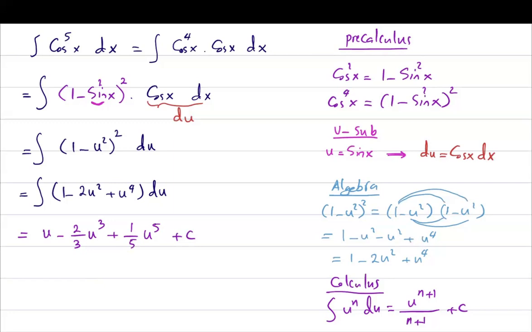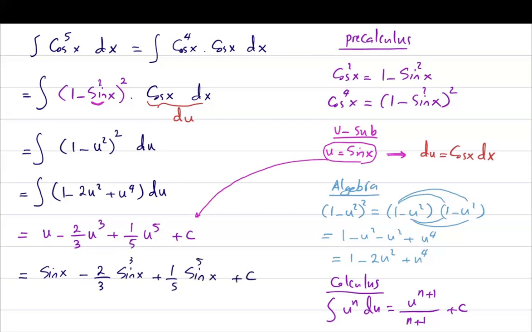But what is u? Remember that your u is sine of x, so you have to substitute this back here. This integral is sine x minus 2/3 sine to the 3rd of x plus 1/5 sine to the 5th of x plus constant of integration.